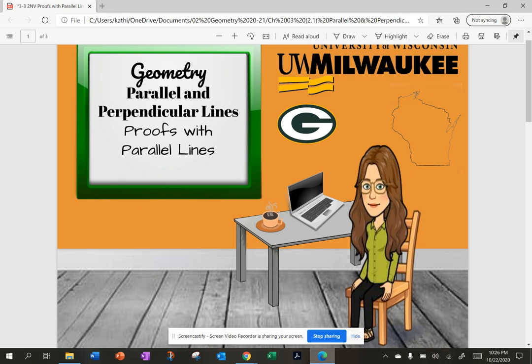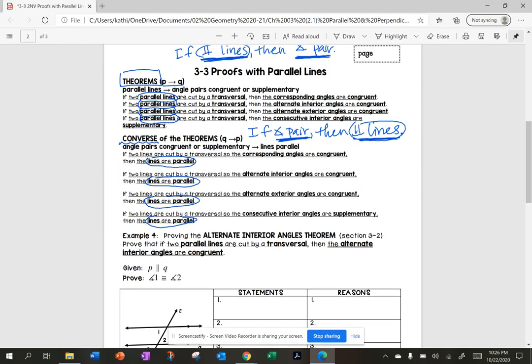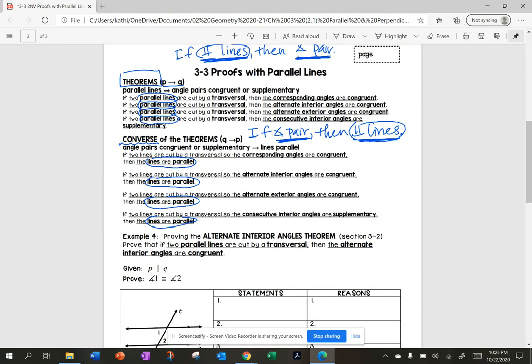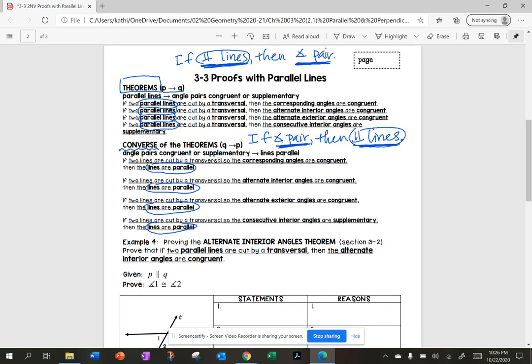Today's lesson is proofs with parallel lines. We have some theorems and the converse of the theorems. The theorems in general start with, if the lines are parallel, then I have an angle pair, and the angle pair is either congruent or supplementary.